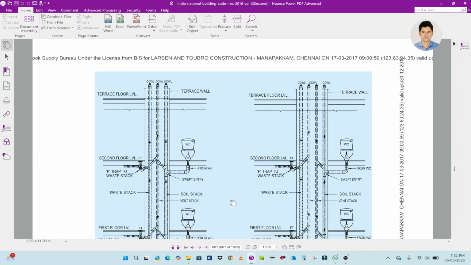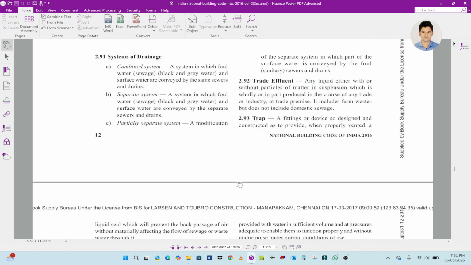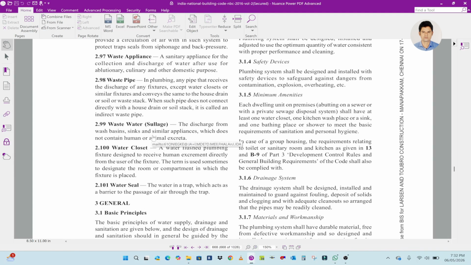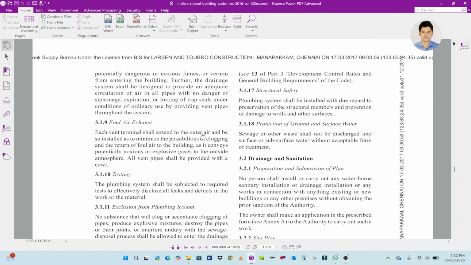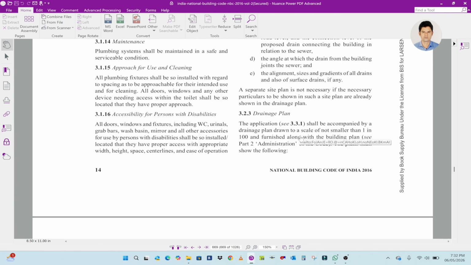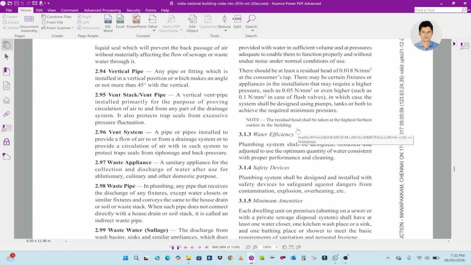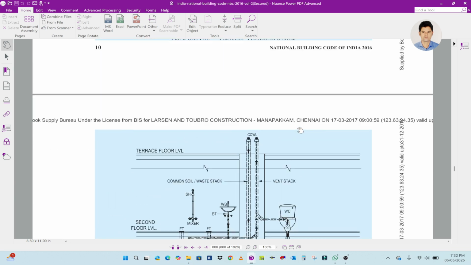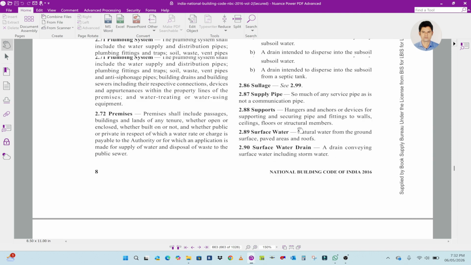You can check the vent stack, vent pipe, waste vertical pipe, water closet, basin, etc. All these points are given here in the National Building Codes, so you can read.